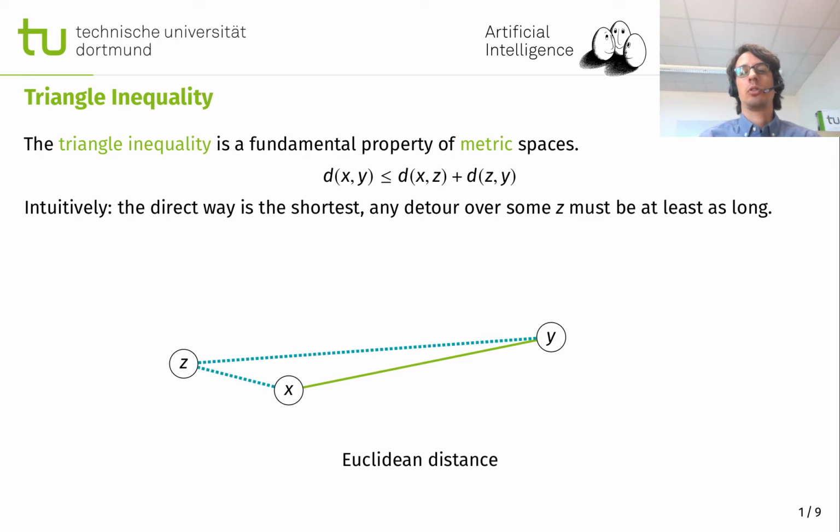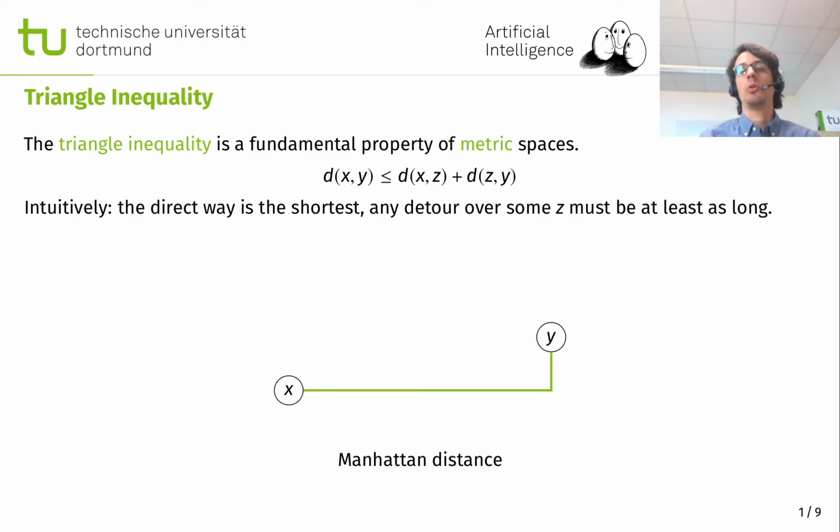The way it looks geometrically depends a lot on the distance function that we use. This is with Euclidean distance, which is the simplest case, but we could also be using Manhattan distance. And then this is one of the multiple shortest paths: first go in one axis, then in the other. And again, we have a triangle inequality here. If we take a detour over some point z, it is at least as long as this shortest path.